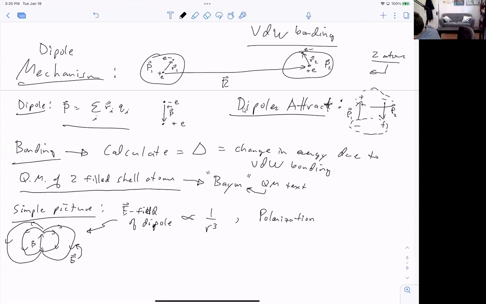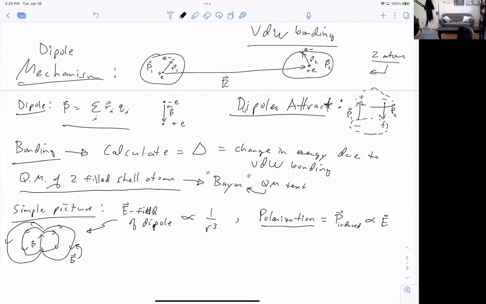So the polarization equals the induced dipole in a material, I'll call it P induced, and it is proportional to the electric field. So if I have a material and I put it into an electric field, then it polarizes, and the polarization is an induced dipole.